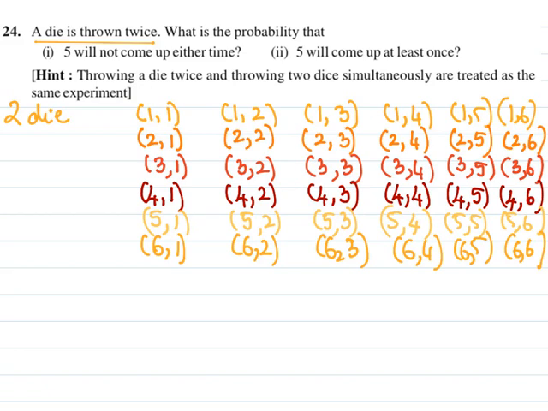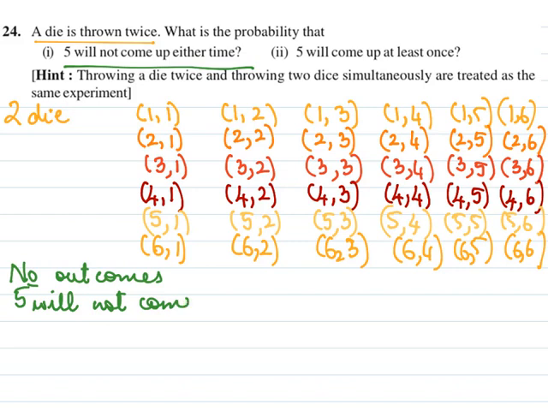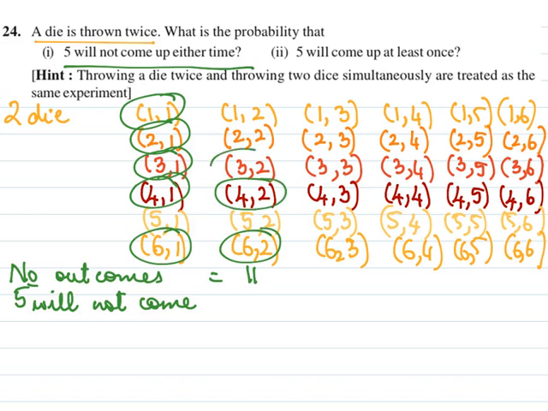Now here we have to see where 5 will not come. So if you look up here, the number of outcomes when 5 will not come will be 11. Like these, see here, 1, 2, 3, 4, 5, then 6, 7, 8, 9, 10.